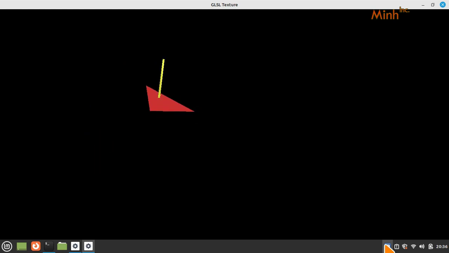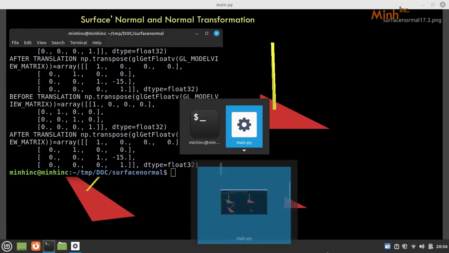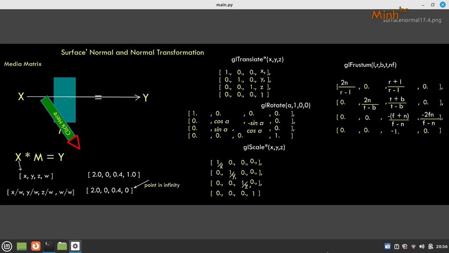Or I can rotate the surface. Okay, so this is the concept.